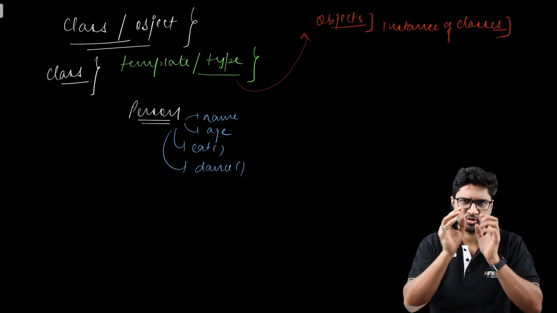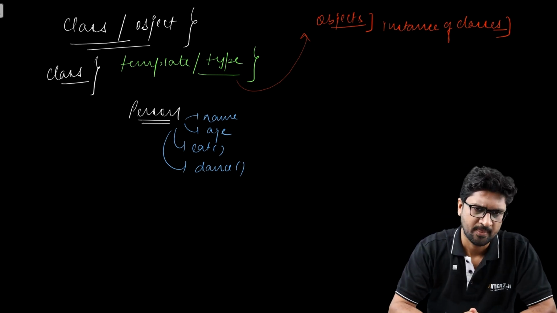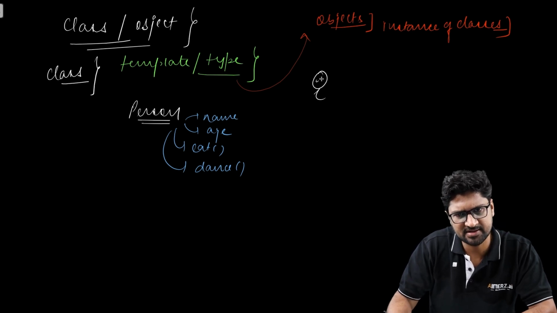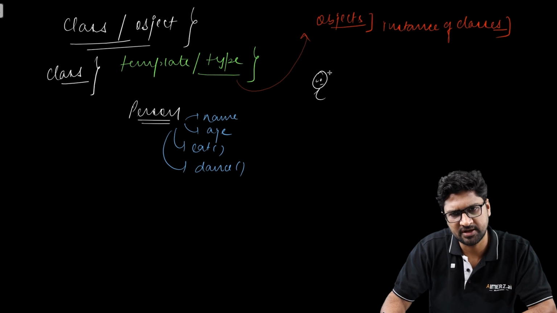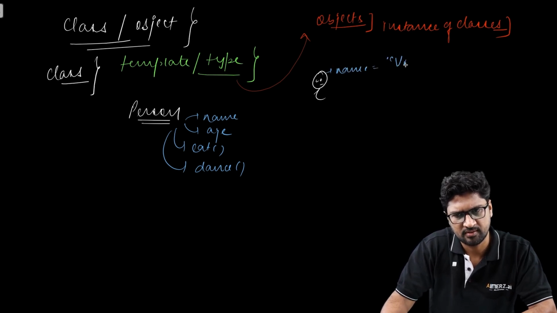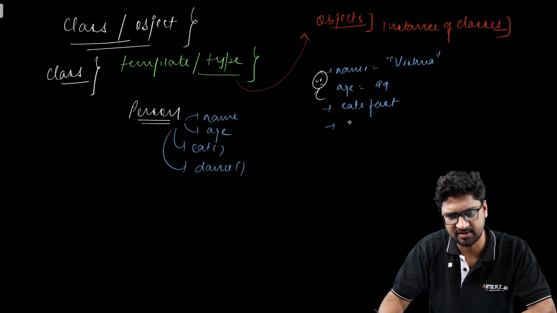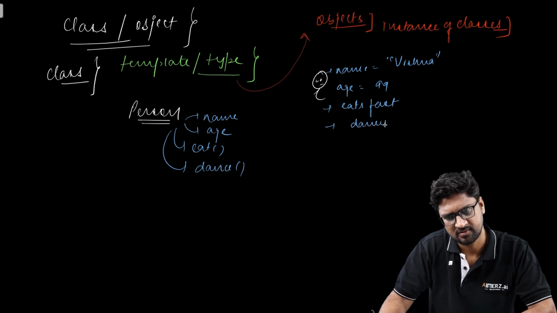So this is true about every person. But when I talk about a specific guy, let's say the value of the name is Vishwa, the age is 99 years, he eats fast when it comes to eating habit, and he dances slow.